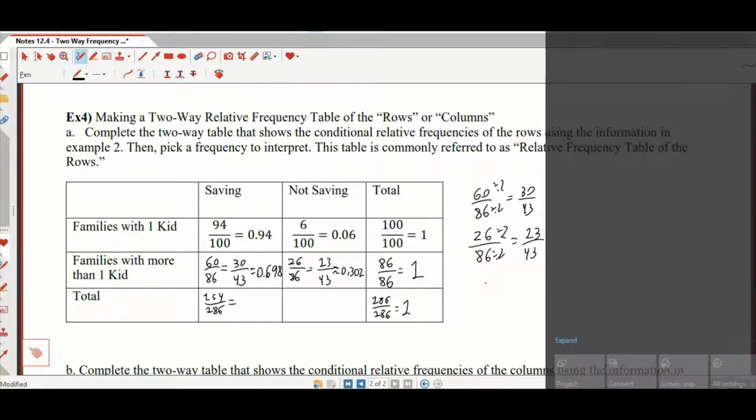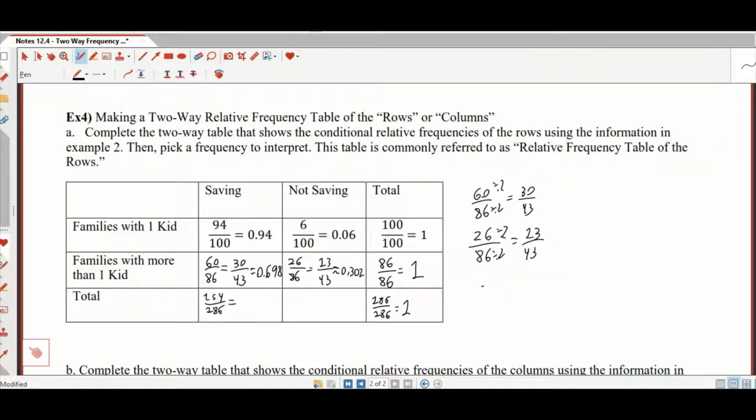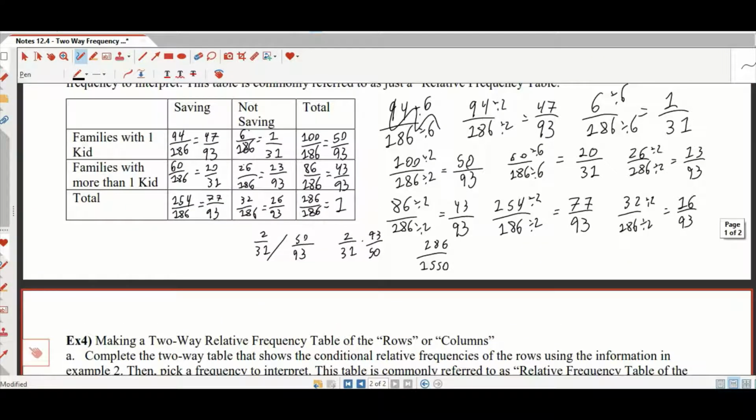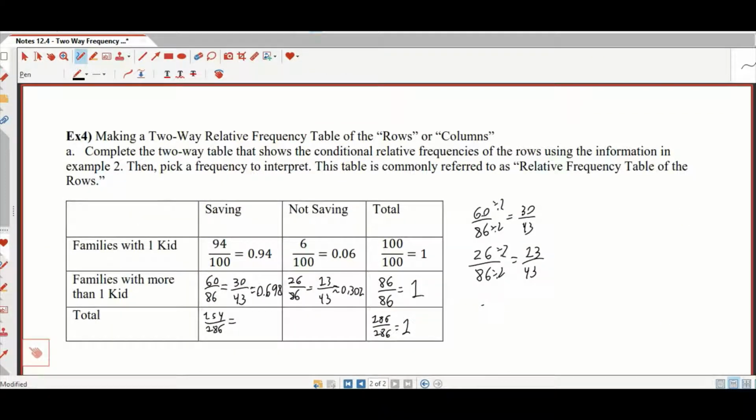Oh, we already did this. We already did this part. It is 77/93. And fine, that's about 0.828.